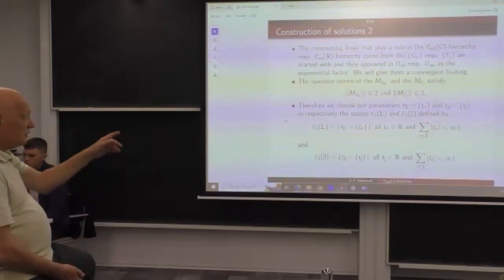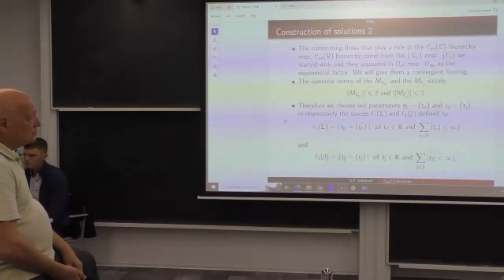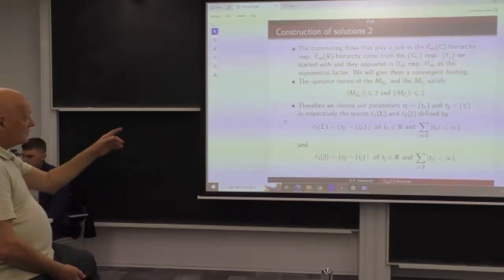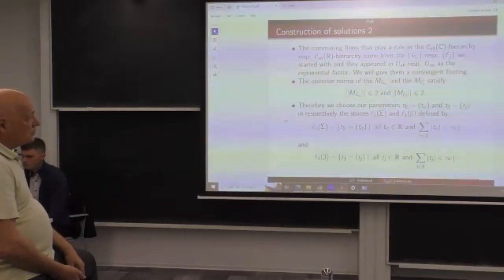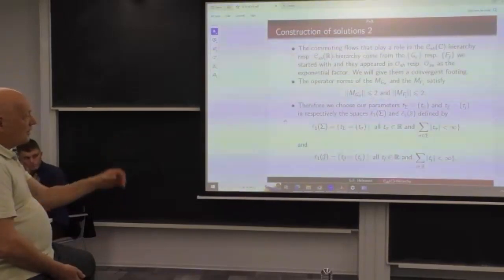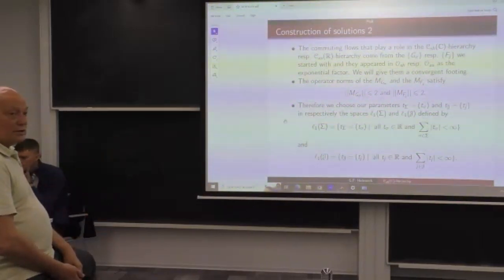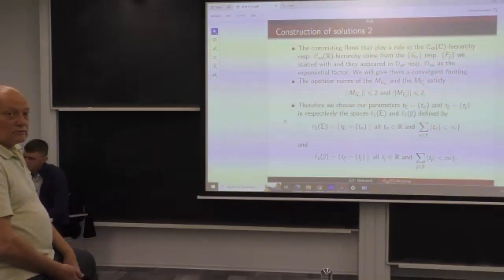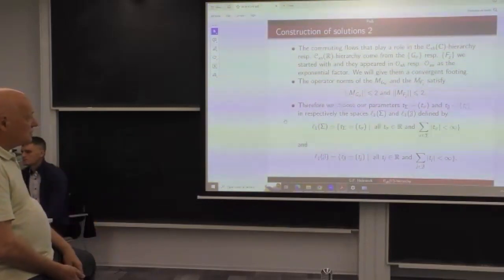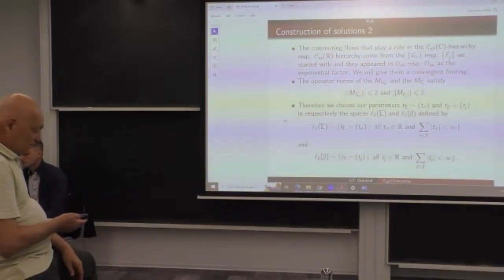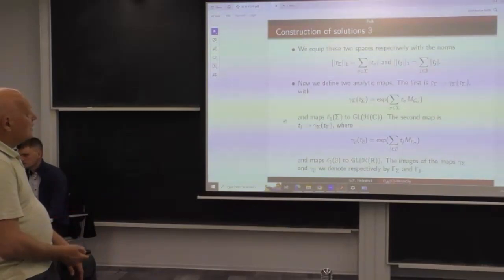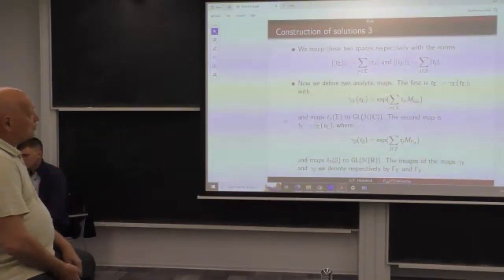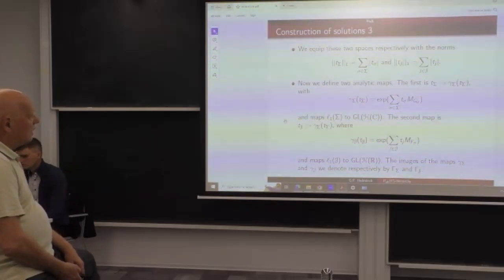So how do I choose the flow parameters? I take simply that the T sigma and the TJ are in L1, so the sum of the absolute values of all the parameters is finite, and on this space you have this norm.